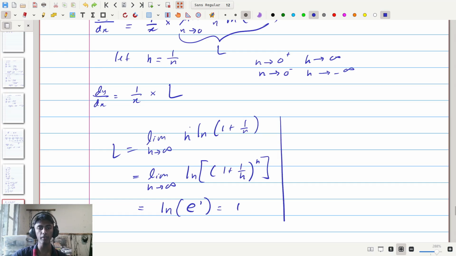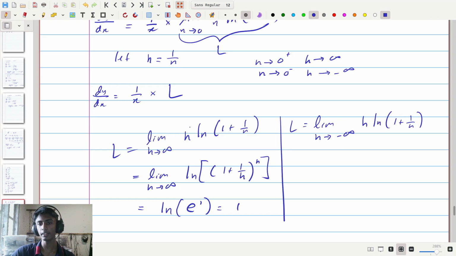Now we have to also evaluate the other side and make sure that both sides agree. So evaluating the other side, we have L equals the limit as h approaches negative infinity of h times the natural logarithm of 1 plus 1 divided by h, and then this is going to be equal to the limit as h approaches negative infinity. Again, taking that same rule, we can take this as a power on top and write this is equal to the logarithm of 1 plus 1 divided by h to the power of h.